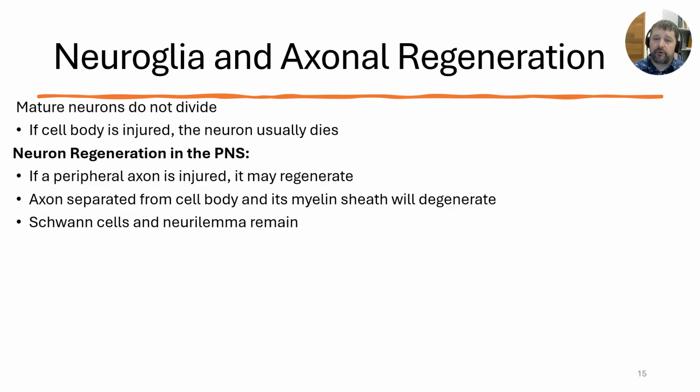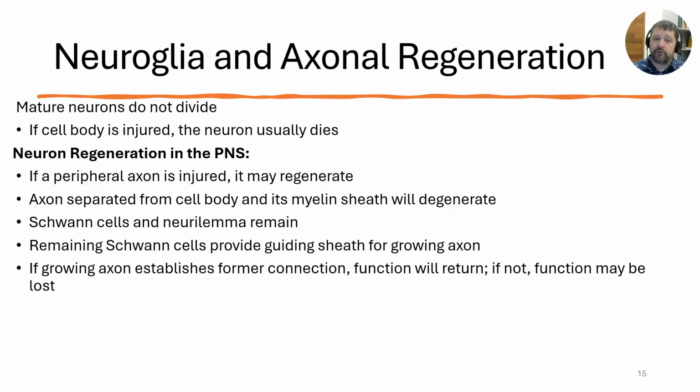Okay, so a couple ways at which this occurs. If there's a tear in the axon away from the body, okay, then it's possible, with the help of Schwann cells, okay, and a material called the neuroglia, that there will be a little kind of tube that connects the material, and you can remyelinate that region as long as the connection point is still there. Okay, so the remaining Schwann cells will provide kind of a guiding sheath for the growing axon.